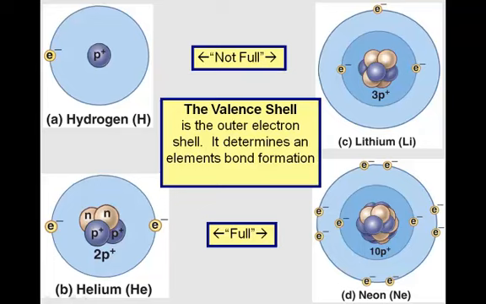So hydrogen, having a half empty or half full, I guess you could say, outer shell, is going to have a tendency to react, and lithium is also going to have a tendency to react because it's got that single electron in its outer shell.